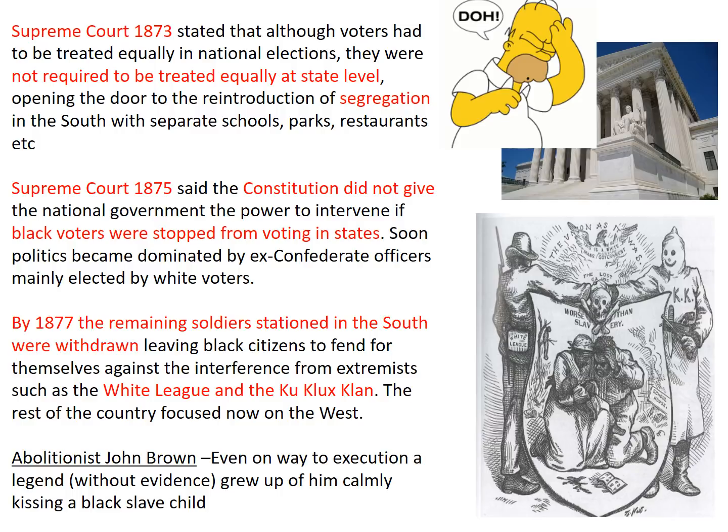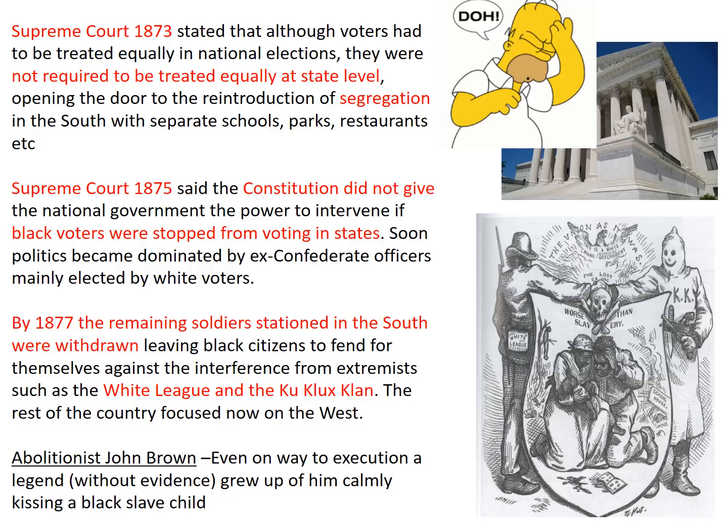The Supreme Court then says in 1875 that the Constitution means that the government doesn't have the power to intervene if black voters were stopped from voting, which seems difficult to understand. Politics becomes dominated by ex-Confederate officers in the South, and they're elected by white voters, largely because black voters are too scared to vote because of groups like the Ku Klux Klan.